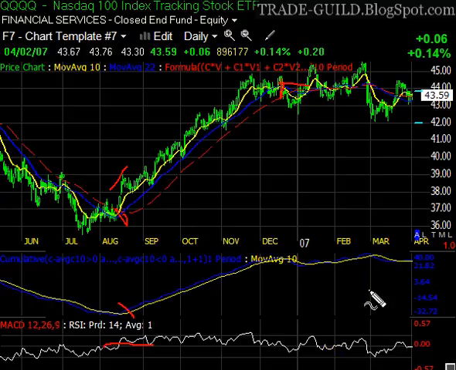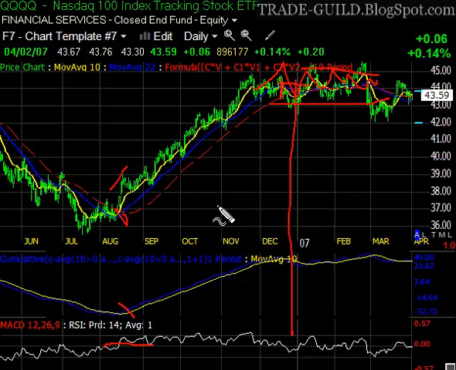Or if the situation is right, you could also use this as a shorting signal. But it's pretty much choppy in here. Using all three of these indicators together helps to alleviate some of this whipsaw action, so you have a higher standard for a buy or a sell. So this is a really cool screen. I like it a lot.